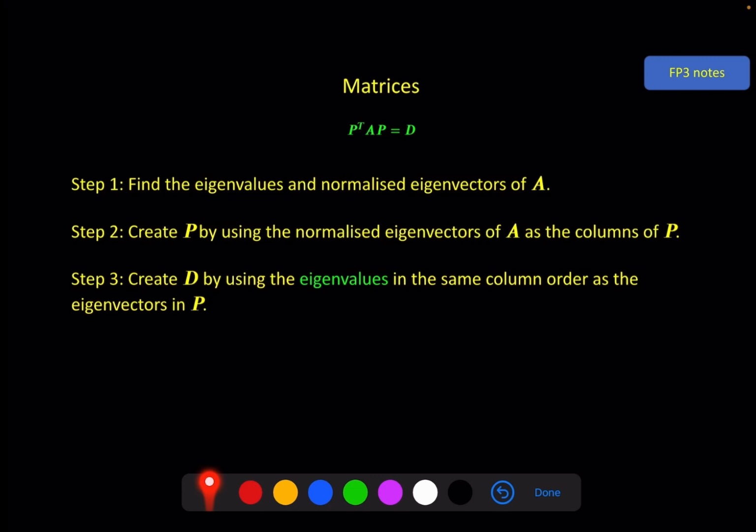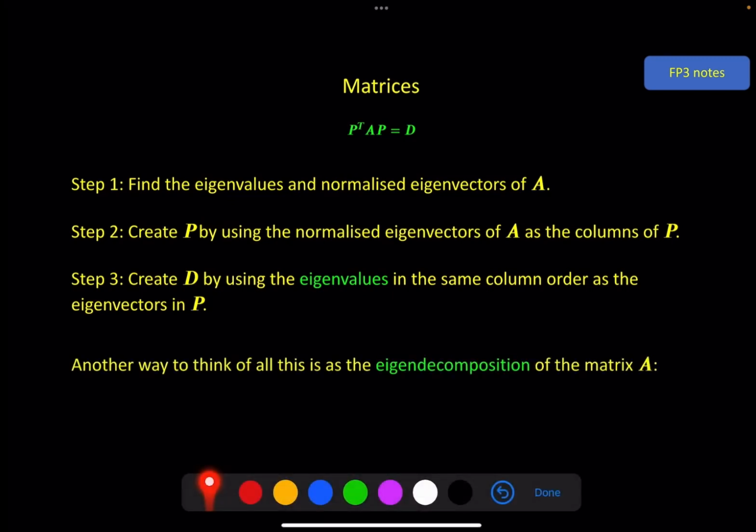But before we get to the last example, one final thing to note is that there's an alternative way to think of all of this, and that is this fancy word, eigen decomposition. And if you rearrange this equation using the inverse of P, you can get this equation.